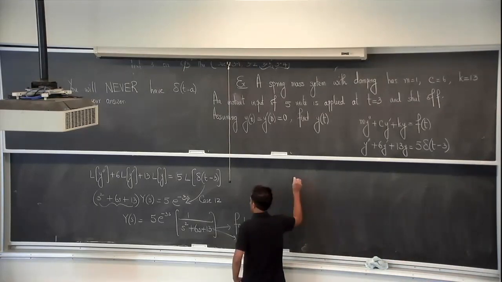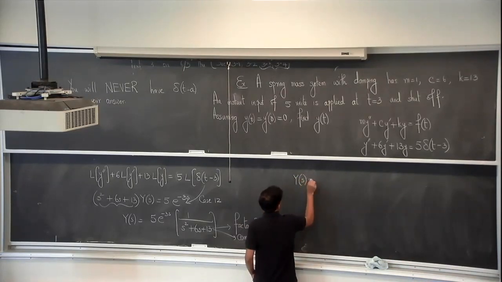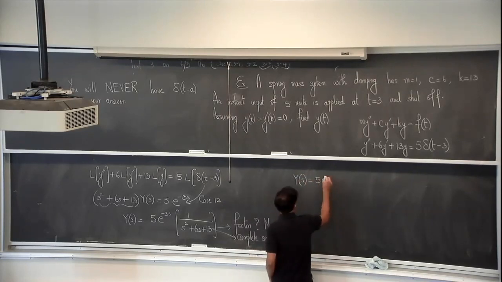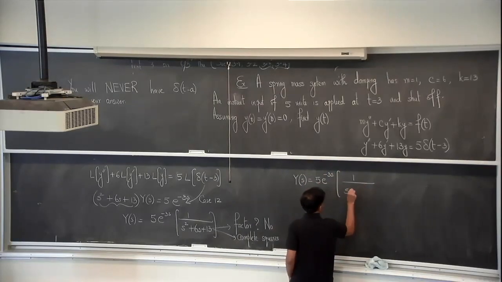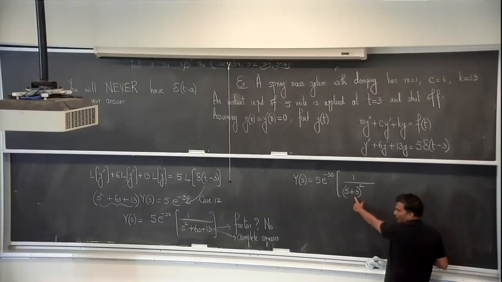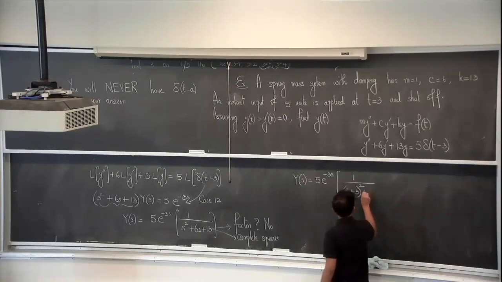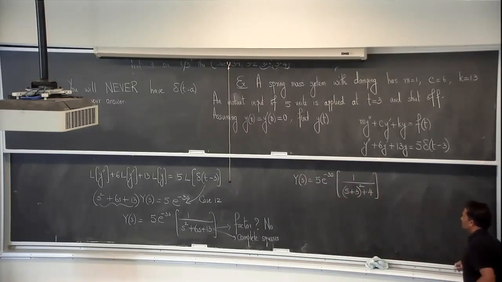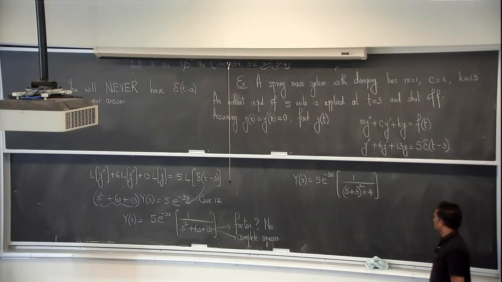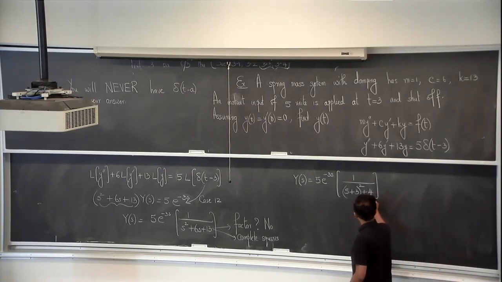So it's going to be Y of s equal to 5 e to the power of negative 3s. That's going to be 1 over (s plus 3) whole squared, which is s squared plus 6s plus 9. And then you need a 4 to make up the 13. And this 4 is 2 squared, obviously. Okay.